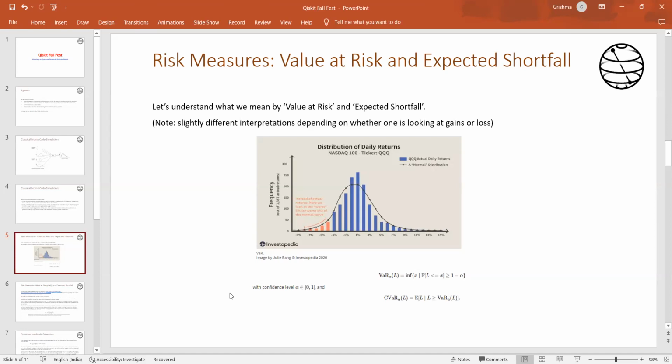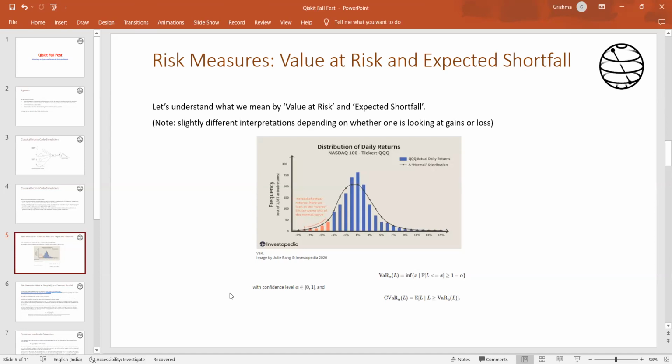Let's say 0.05 is my confidence level. Usually your lower returns are a rare phenomenon, so it will come with a lower probability, but it's something that can happen, and that's pretty risky for you if you're investing in that stock.